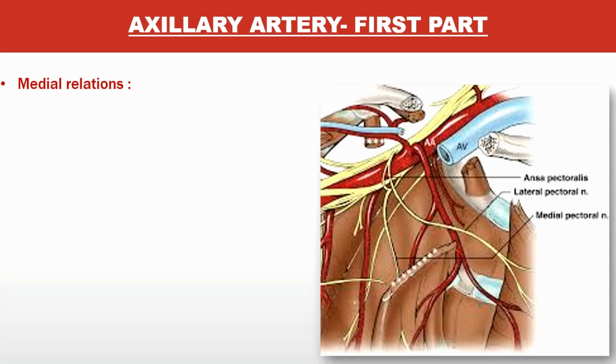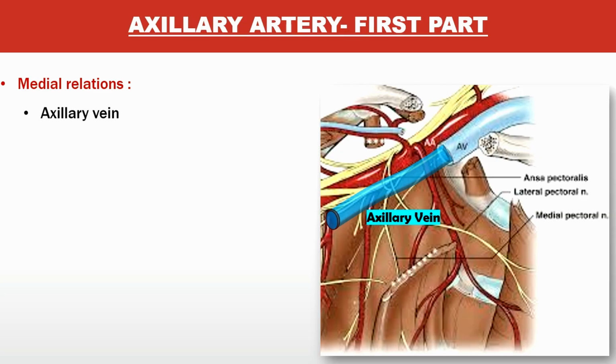Medially you have this vein. So which is the vein running parallel to the axillary artery? Axillary vein. Always remember that this axillary vein in all the sections of your axilla will lie medial to the axillary artery. So this relation will not change. Whose relation will change? Your brachial plexus.